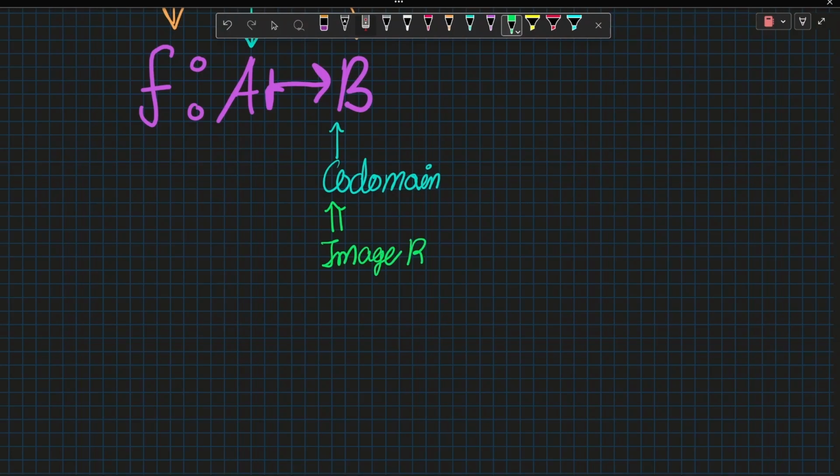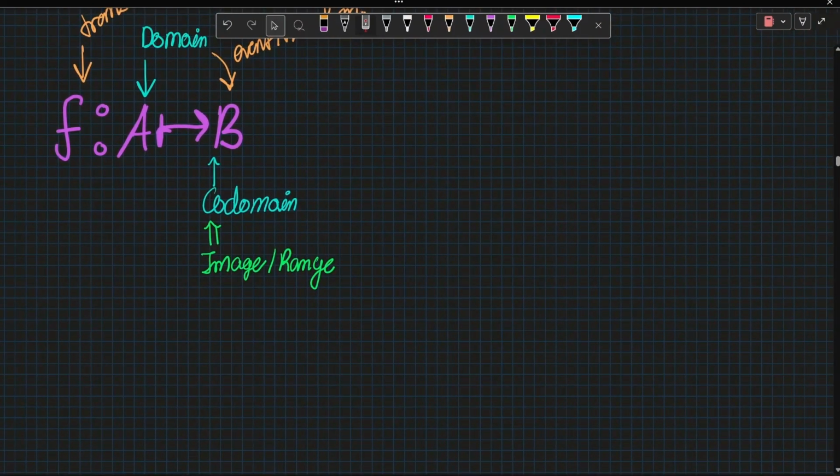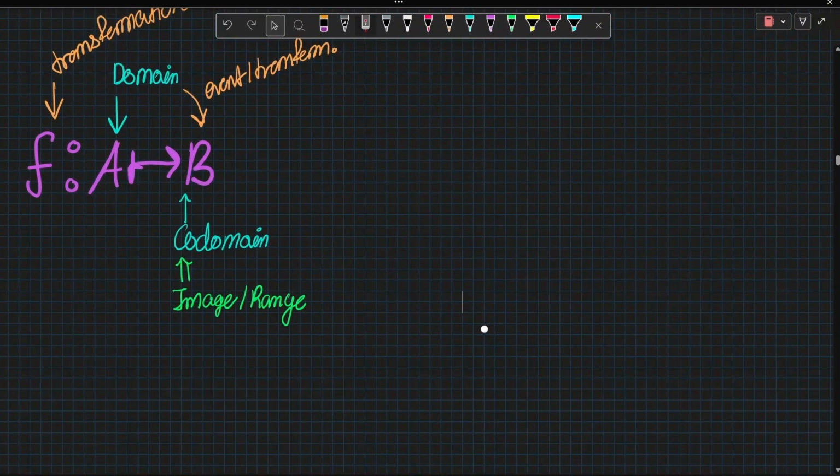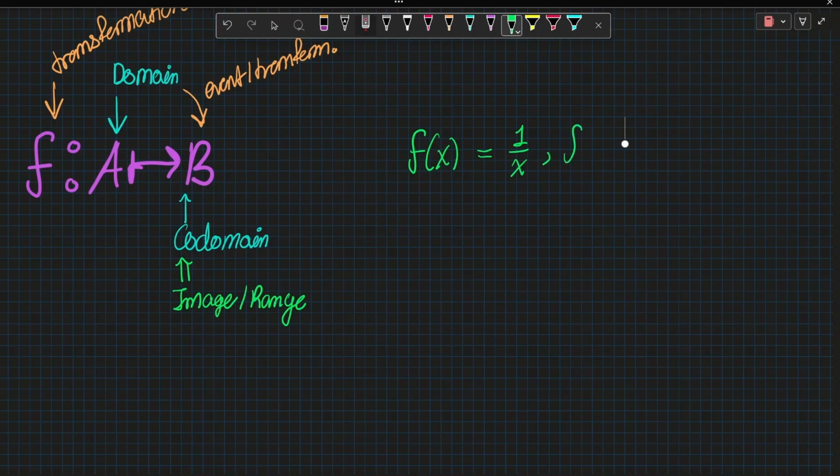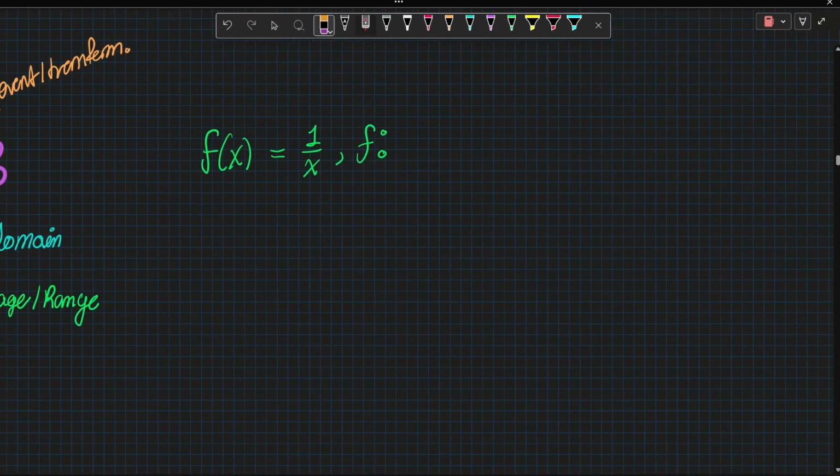The distinction between the codomain and the image or range is that often our codomain is not fully reached. What does that mean? Let's take, for example, a function you should know, f(x) is equal to 1 over x, and this function here is defined with the label f such that it maps all real numbers to all real numbers.